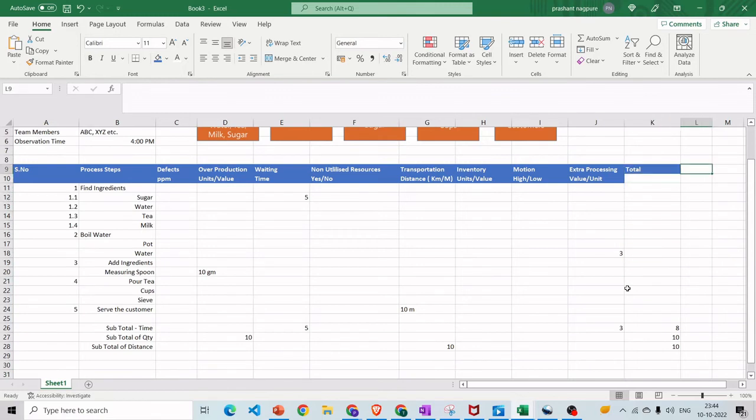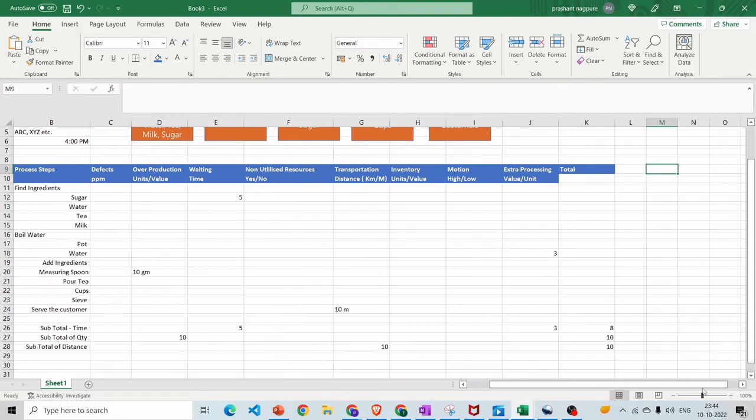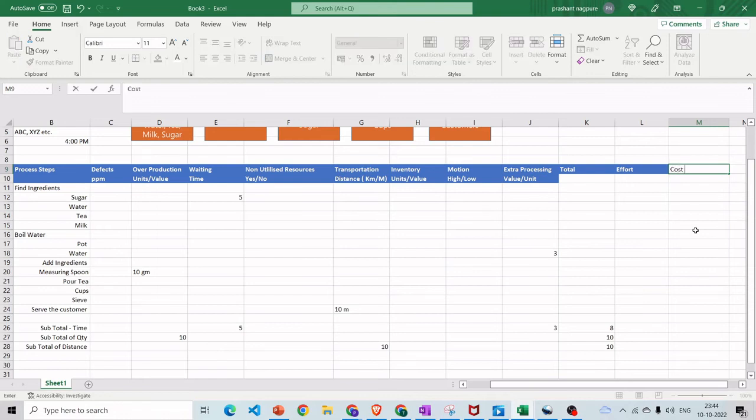Now what do we do next, what do we prioritize in terms of reducing the wastage? So let's do a simple matrix. We can say what is the effort required to address this particular waste, and what will be the cost. So effort and cost.